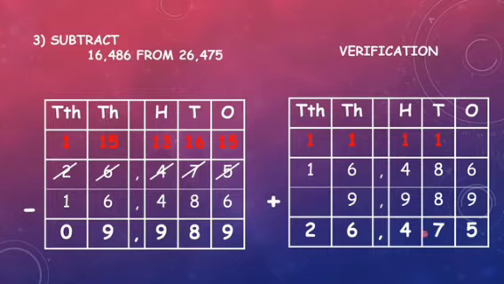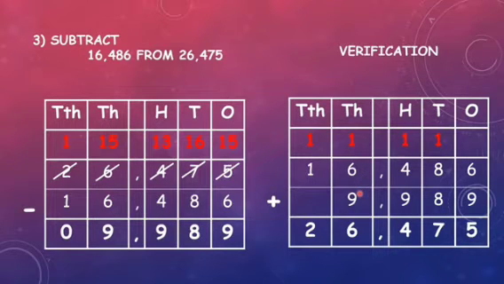When I add, 6 plus 9 is 15, 5 here, 1 carried to tens place. 8 plus 8 is 16 plus 1 is 17, 7 down below, 1 carried to hundreds place. 1 plus 4 plus 9 is 14. 4 here and 1 carried to thousands place.